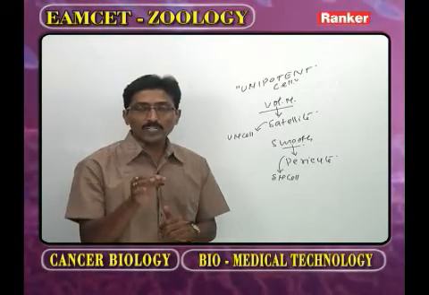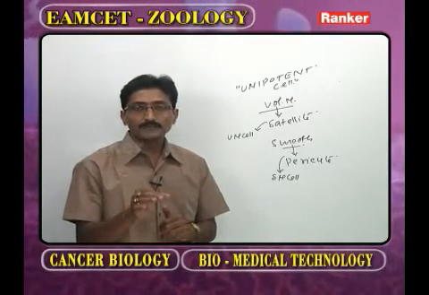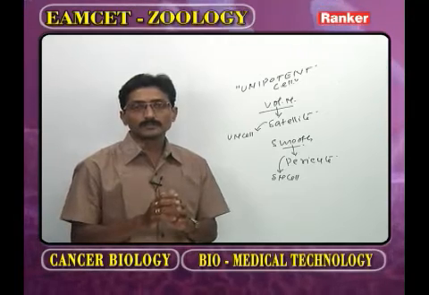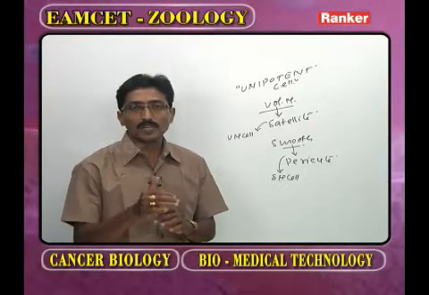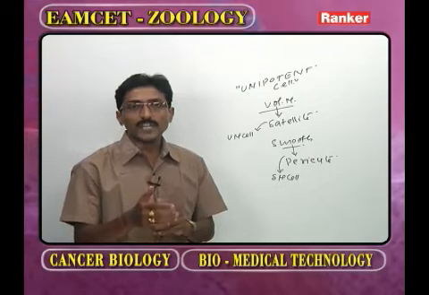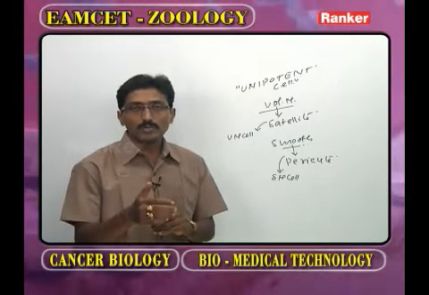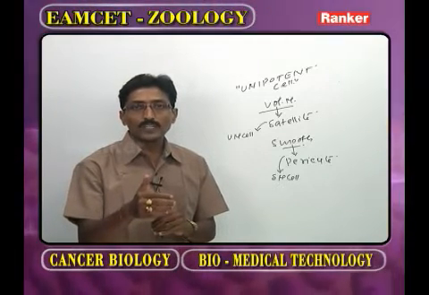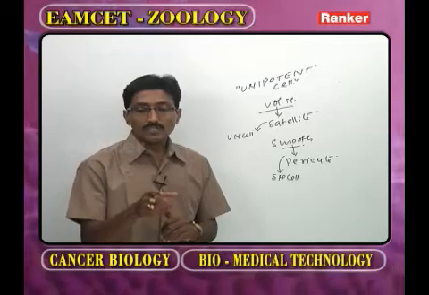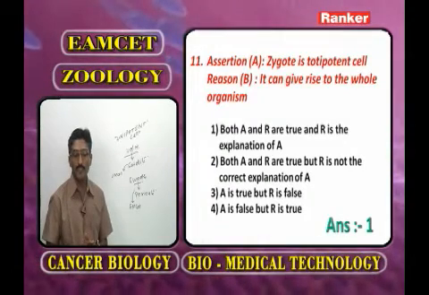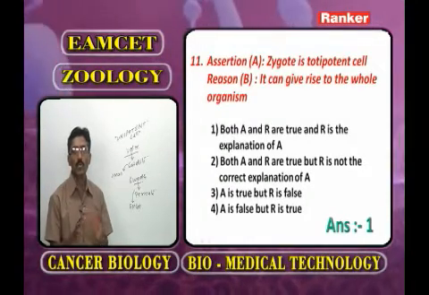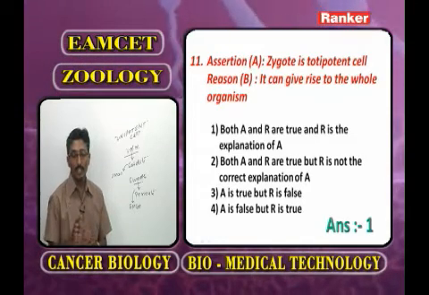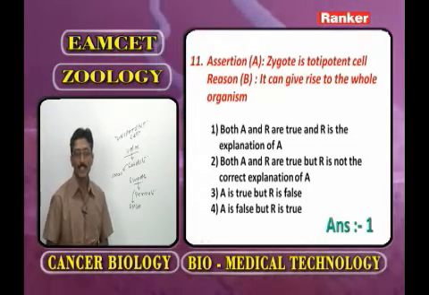The zygote, with the power of totipotency, undergoes cleavages, becomes morula, blastula or blastocyst, becomes gastrula, embryo, fetus, young one and adult. So the zygote is a totipotent cell. It can give rise to the whole organism. So both are correct, and the reason explains the assertion.